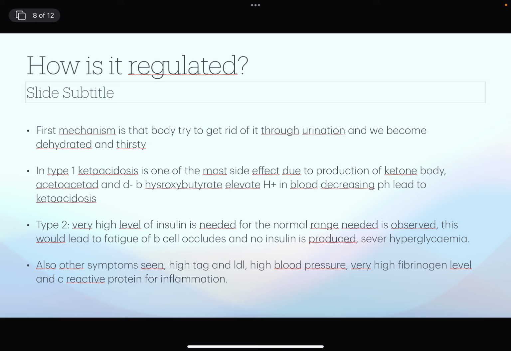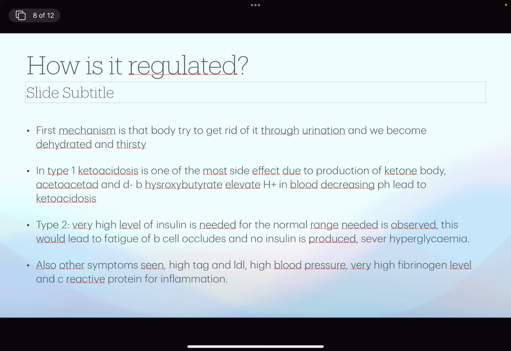So usually, in normal cases, if you eat a donut or sugar-related food, then you need insulin for the tissue to respond and take up this glucose. But if you're type 2 diabetic, your body is producing too much insulin for just a normal amount of sugar.